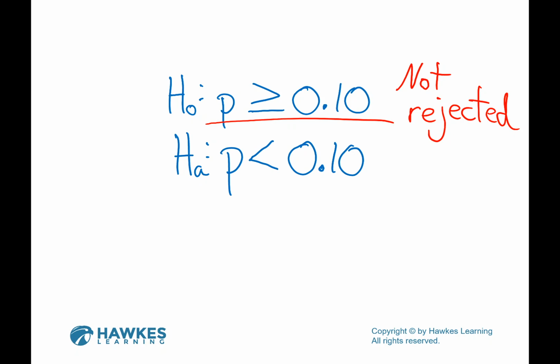But based on our data, we could not reject our null hypothesis. So does that support the counselor's claim? No. If we couldn't reject the null hypothesis, we don't have support for the alternative hypothesis, or at least not enough to reject the null hypothesis. So here, when we don't reject the null hypothesis, the alternative hypothesis is not supported by the data.